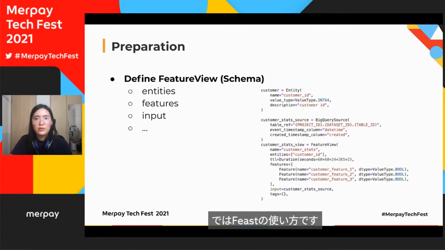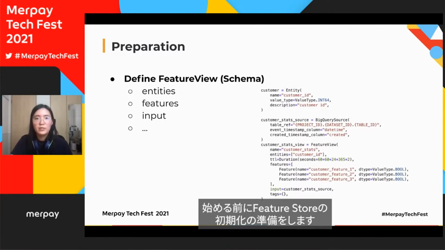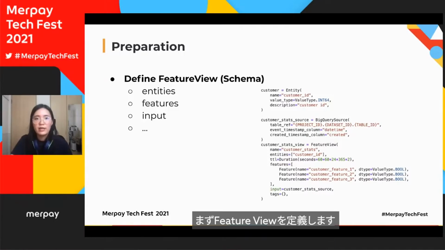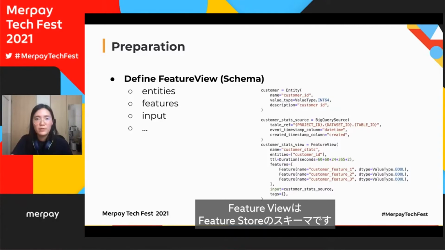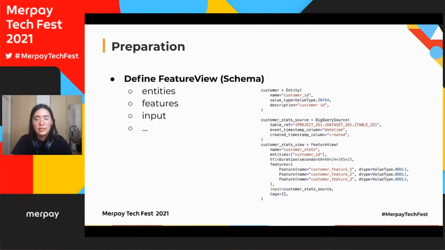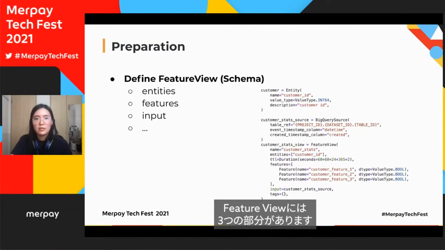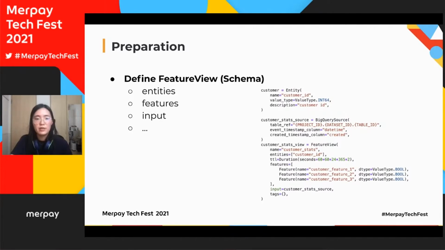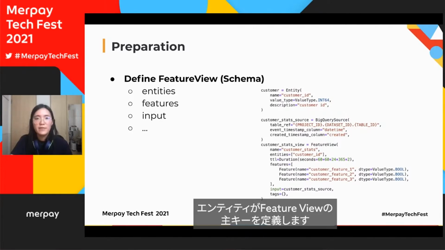So for us, how to use Feast? Before starting, we need to do some preparation to initialize a feature store. First, we need to define the feature view. The feature view is a schema of the feature store. There are three main parts in the feature view. The entity defines the primary key of the feature view.